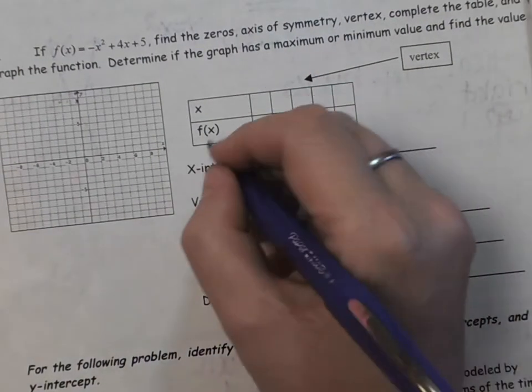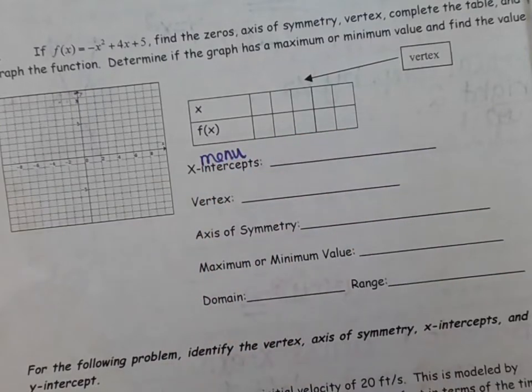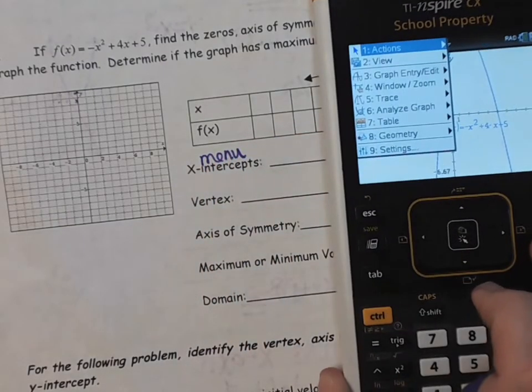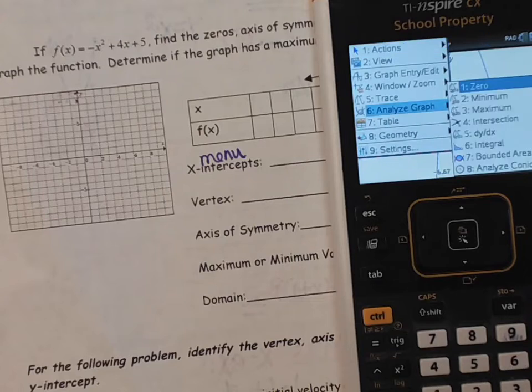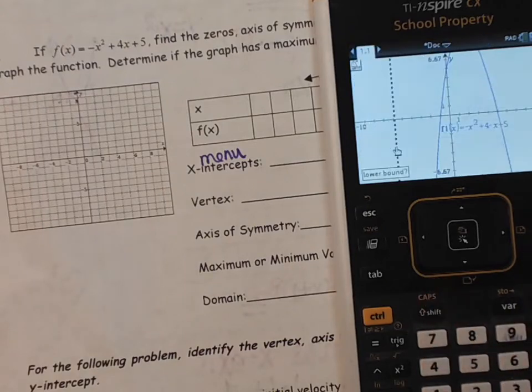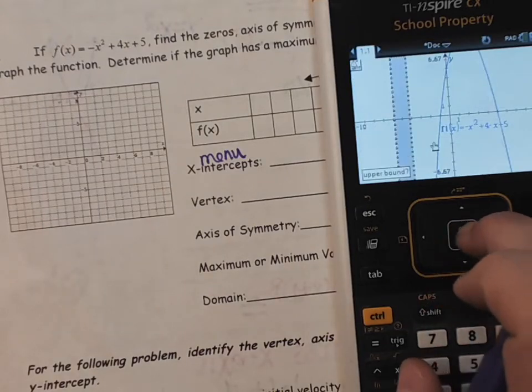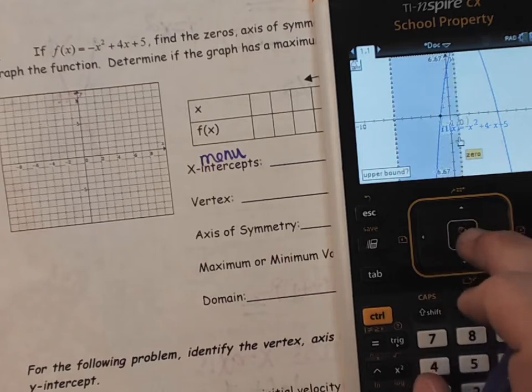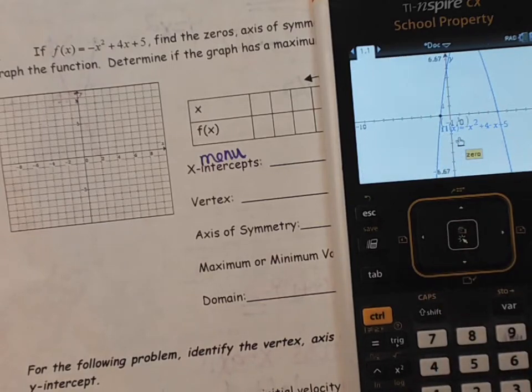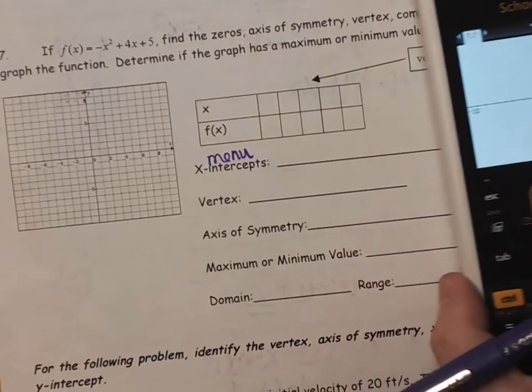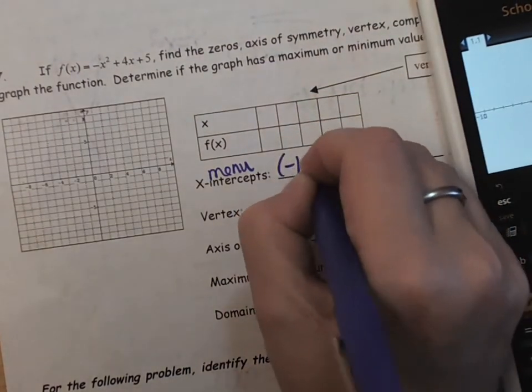Remember, you can go menu, analyze, which is 6, and it is a 0. 0 is the same as x-intercept solutions and roots. Negative 1. So negative 1, 0.